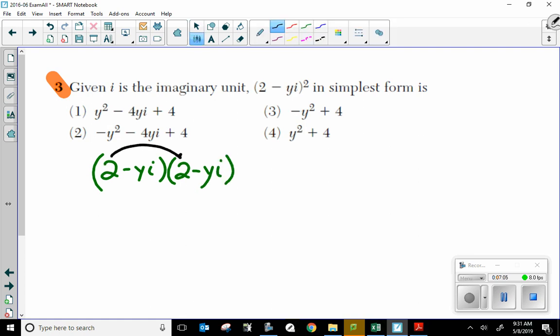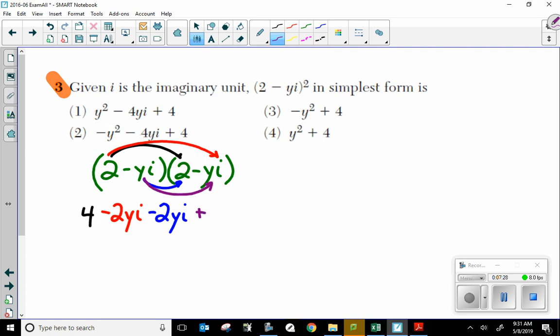2 times 2 is 4. 2 times a negative yi is negative 2yi. We have the same thing here. 2 times negative yi, so negative 2yi. And last but not least, negative times a negative will give me a positive.